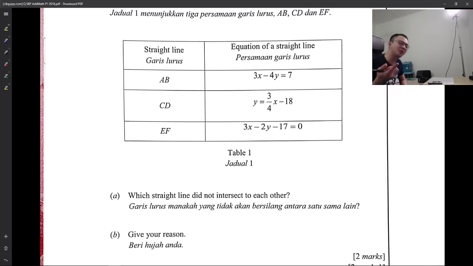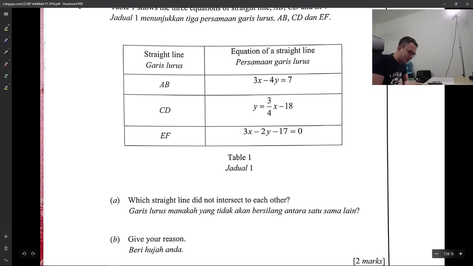In order to know whether they are parallel, you need to know their gradients, right? So I will find the gradient of each line. To find the gradient, you need the equation y equals mx plus c, because m represents the gradient. So I will change all 3 equations into y equals mx plus c.